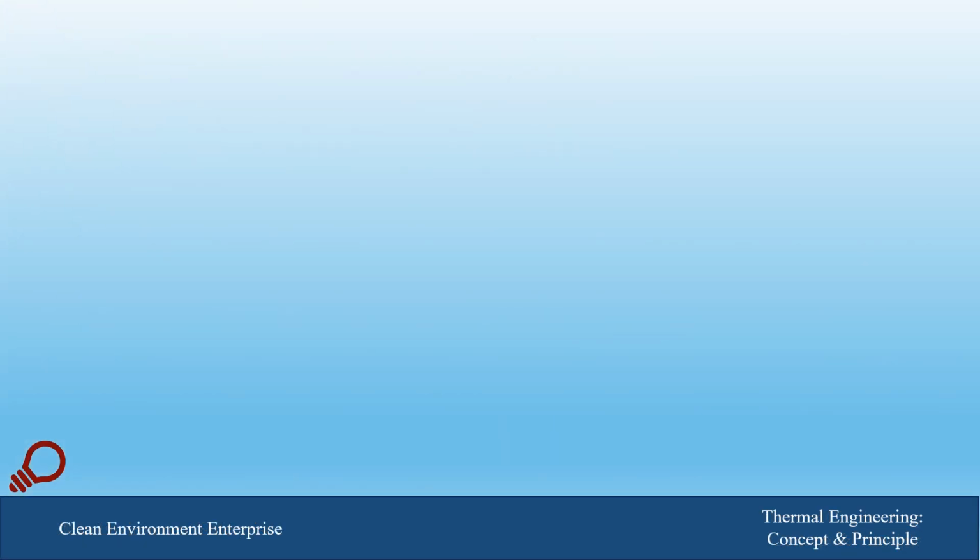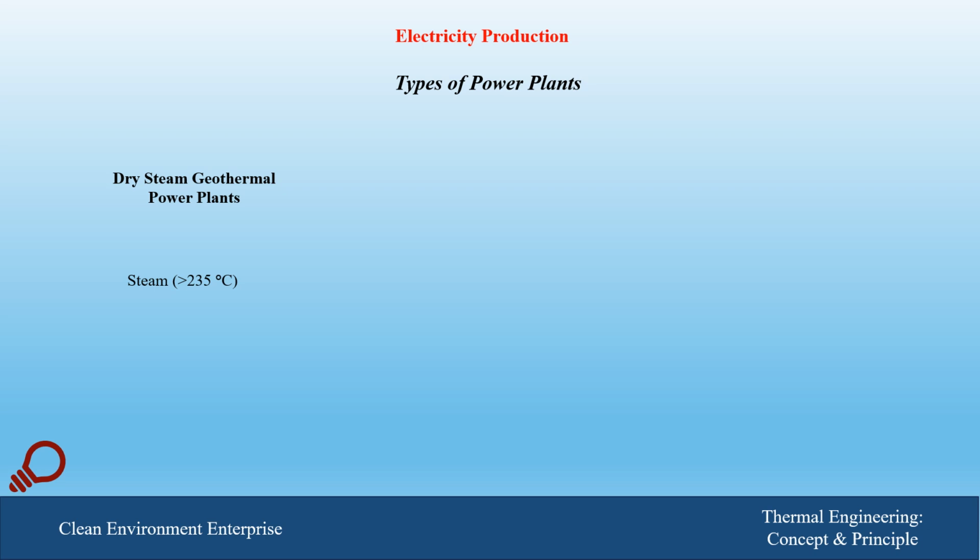So, in using the geothermal energy for electricity production, we may pass through the types of power plants. The first type is called the dry steam geothermal power plant, and usually they extract steam at temperature greater than 235 Celsius.